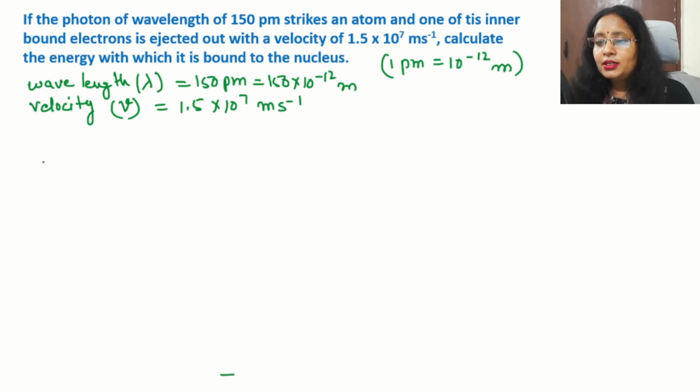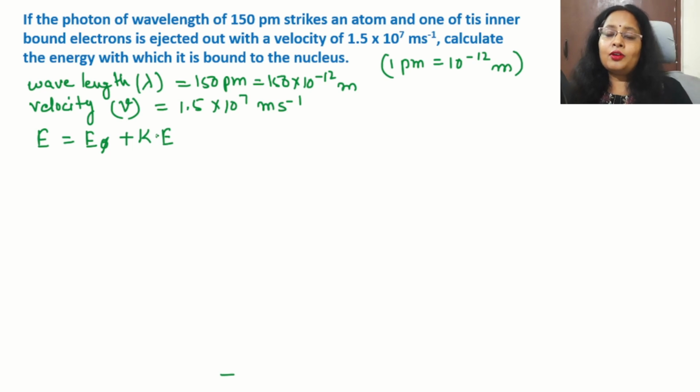Now friends, they are asking to calculate the energy with which it is bound to the nucleus. Before that, you should understand the total energy of the photon has two parts. The energy of the photon we can mention like this, E. It is made up of two parts: one is E naught, which is called work function, and the other is kinetic energy.